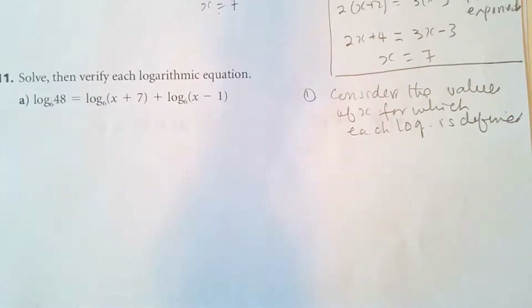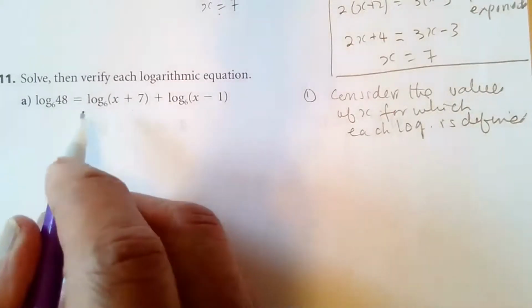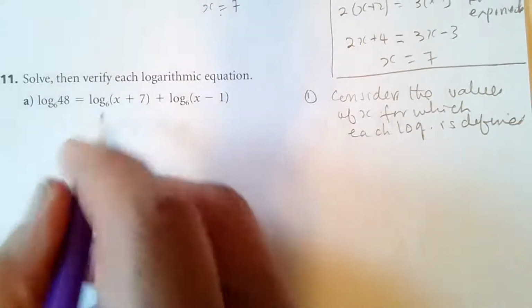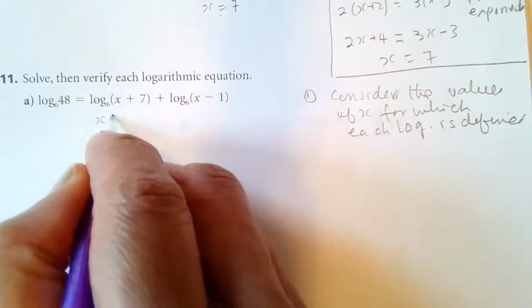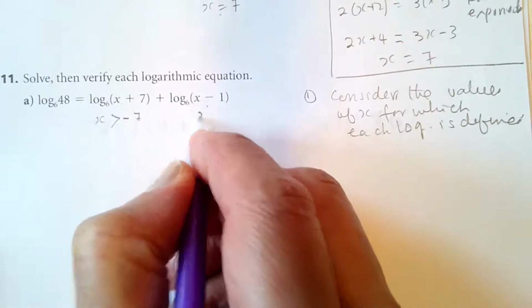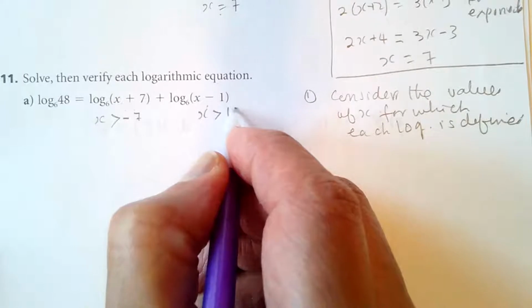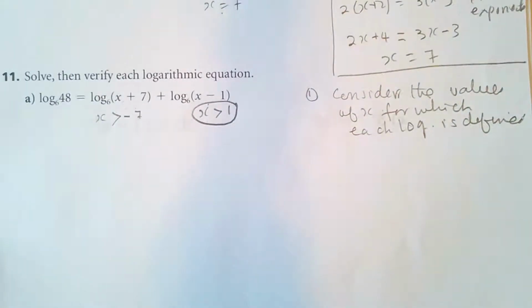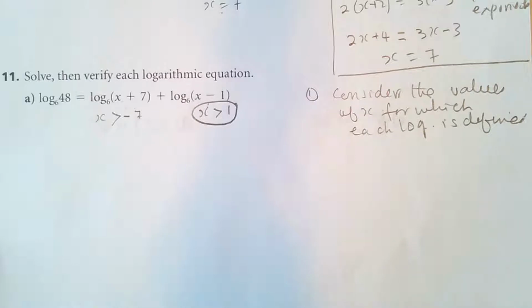That's the first step in going on. So for the first part here, we have x must be greater than -7. And for this one here, x must be greater than 1. So x is greater than 1.